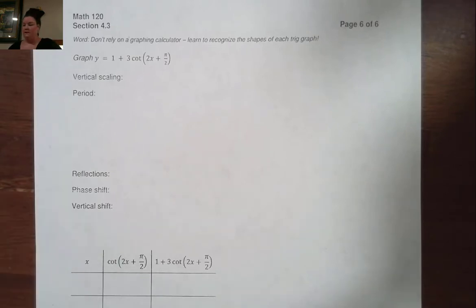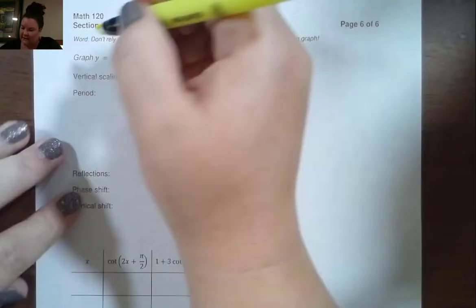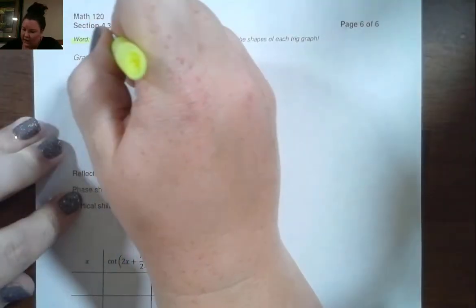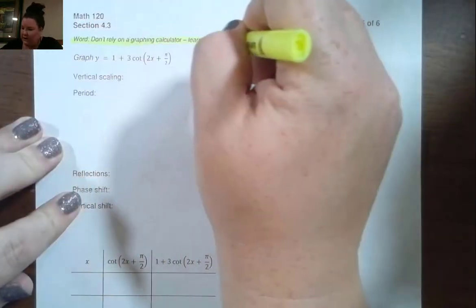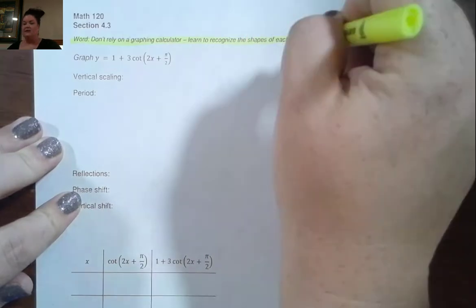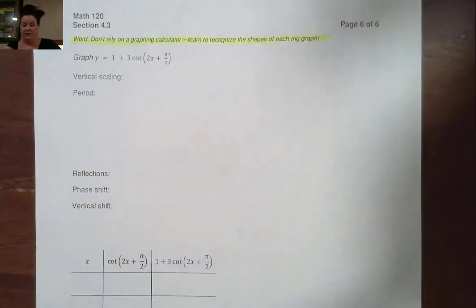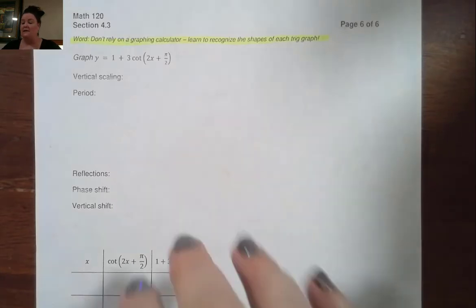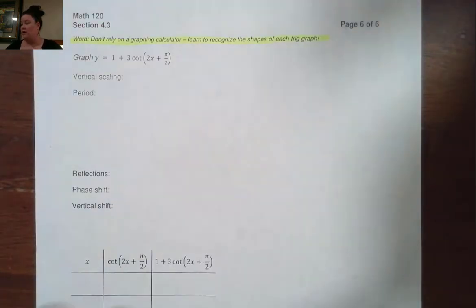All right, now this is very important. I would love for you to highlight this. Don't rely on a graphing calculator. Learn to recognize the shapes of each trig graph. On your exams, you are not going to be able to use a graphing calculator, okay? And I will be grading you on this whole process that we have been going through on these graphs.